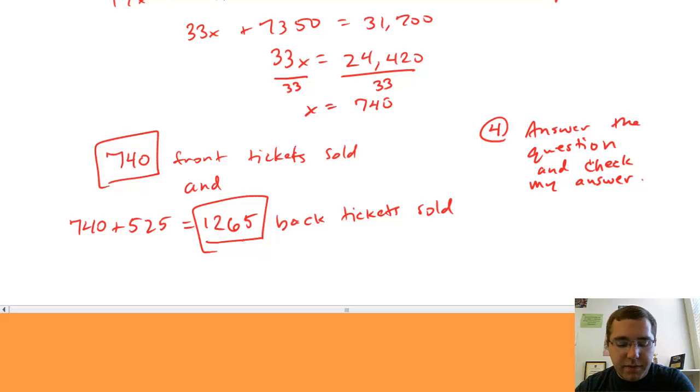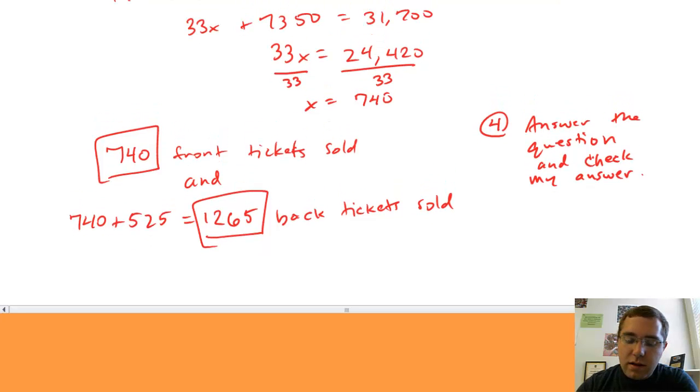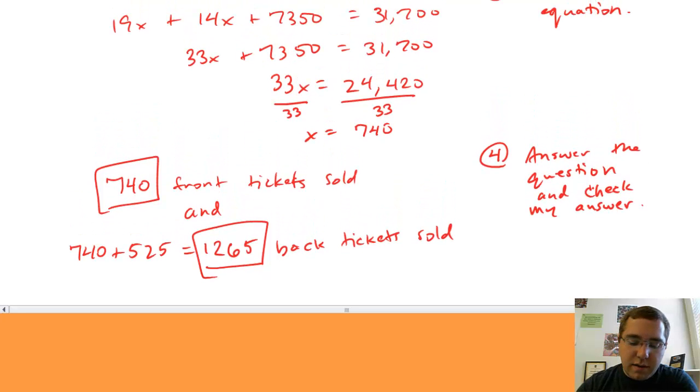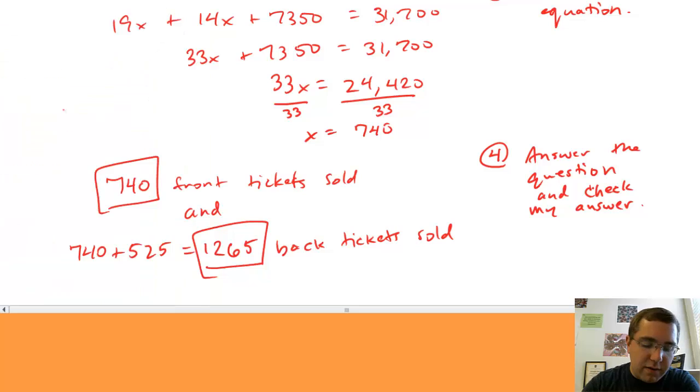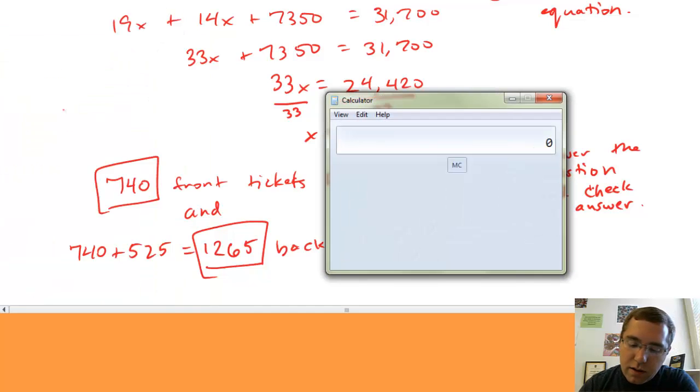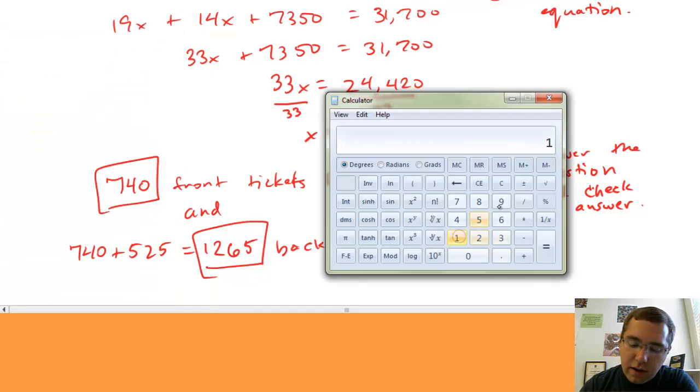Now how can I check my answer? Well, I know that the total sales needs to be 19 times 740 plus 14 times 1,265. So if I take my calculator and I try 19 times 740, I get 14,060.